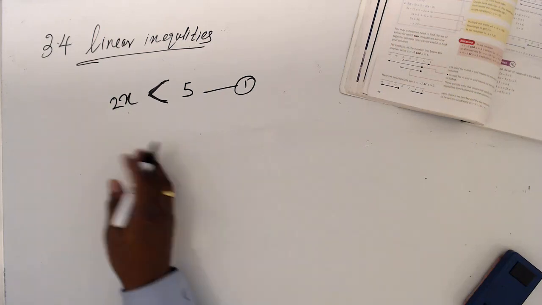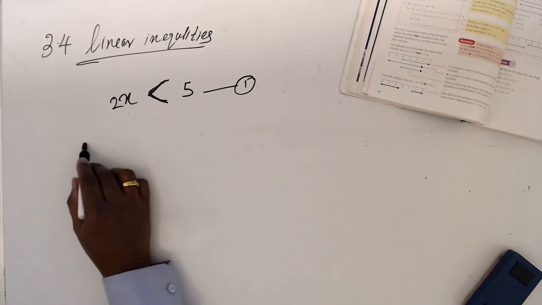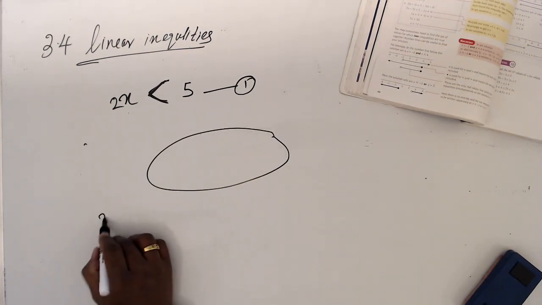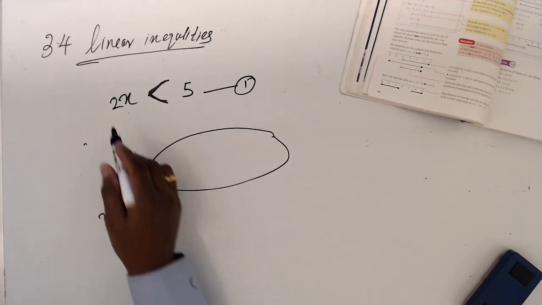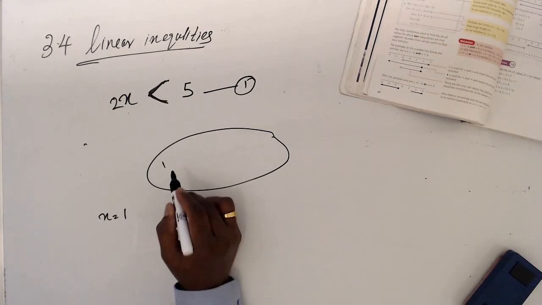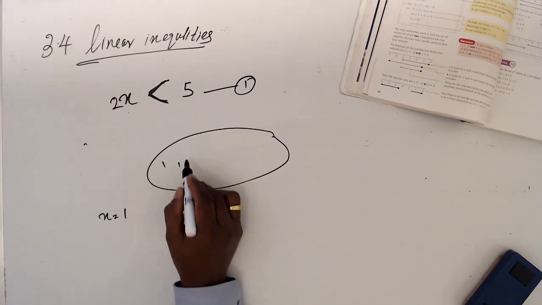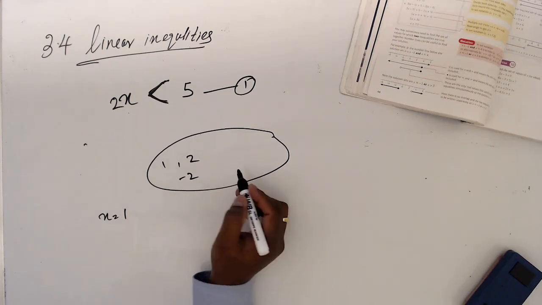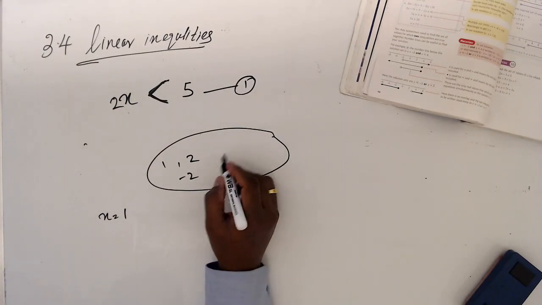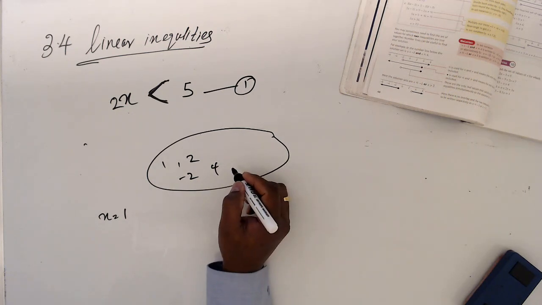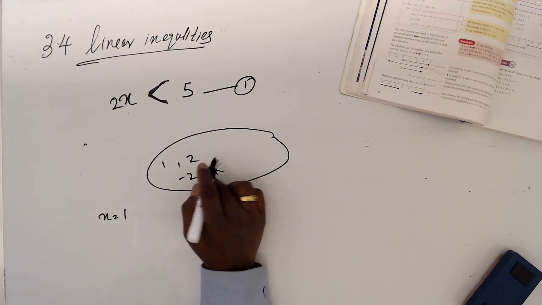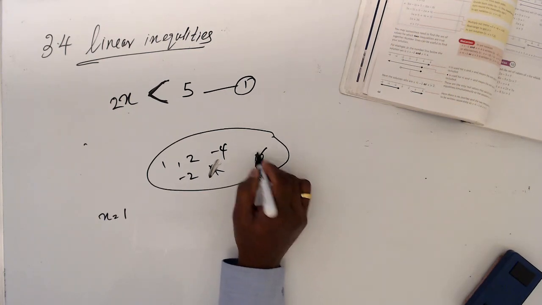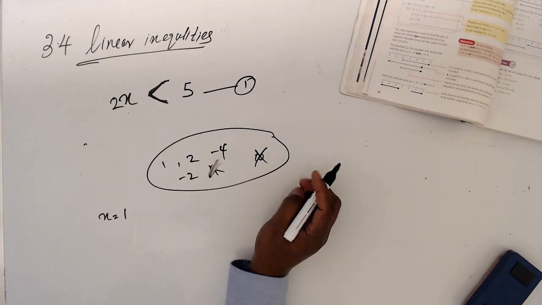It means I still need to pick a lot of numbers and put them in here. x equals 1, yes, it works. x equals 2 works. x equals minus 2 works. x equals minus 4, yes, minus 4 works. x equals 10, no, it doesn't work.